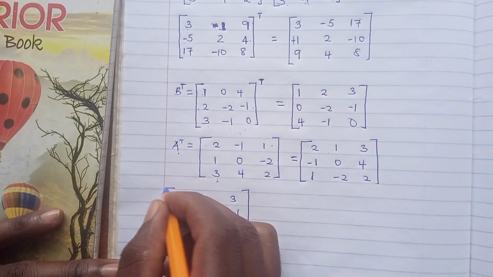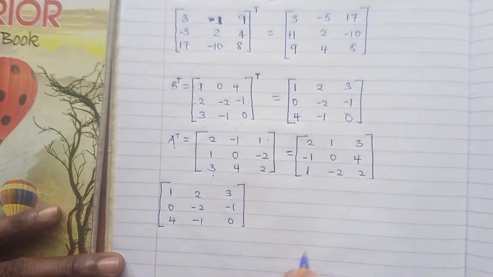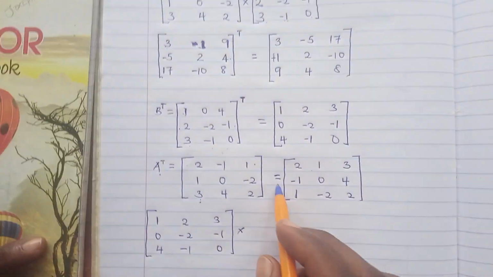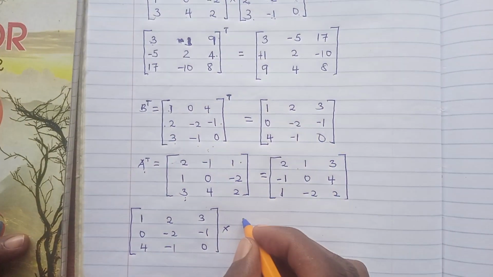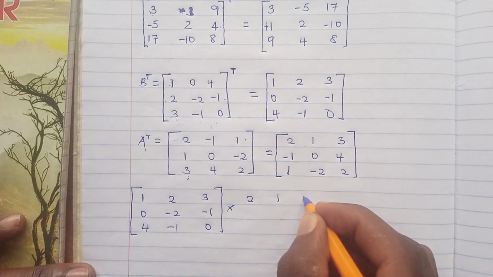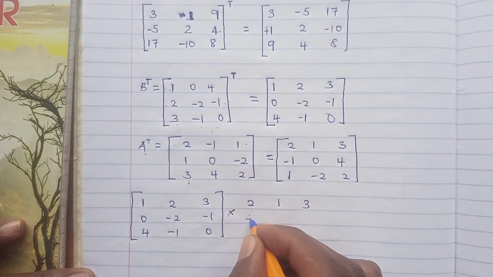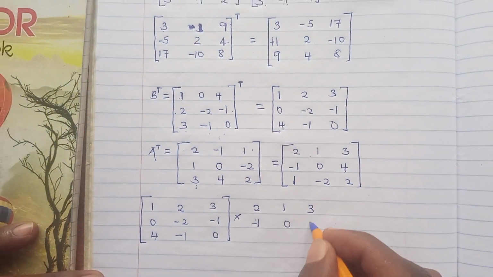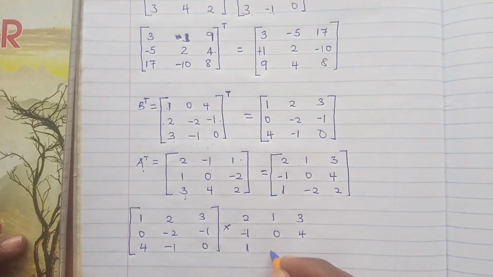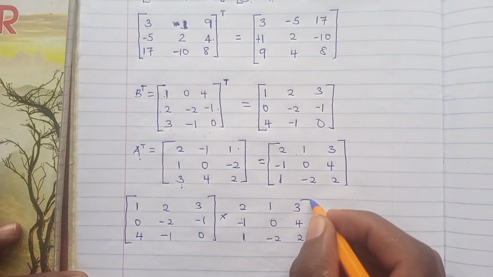So this one is the transposition of B. And then we multiply by the transposition of A, which is this one. 2, 1, 3, -1, 0, 4, 1, -2, 2.